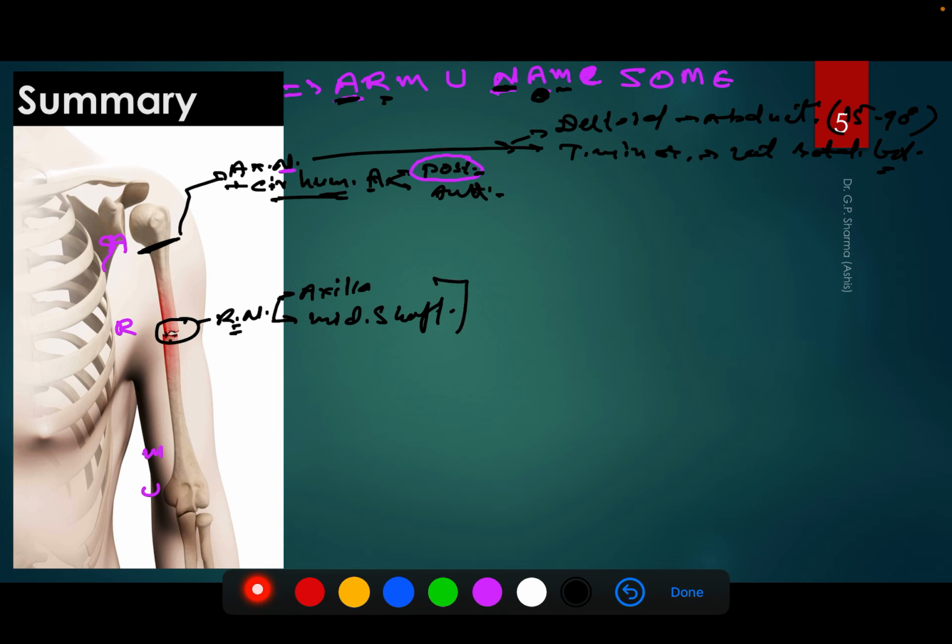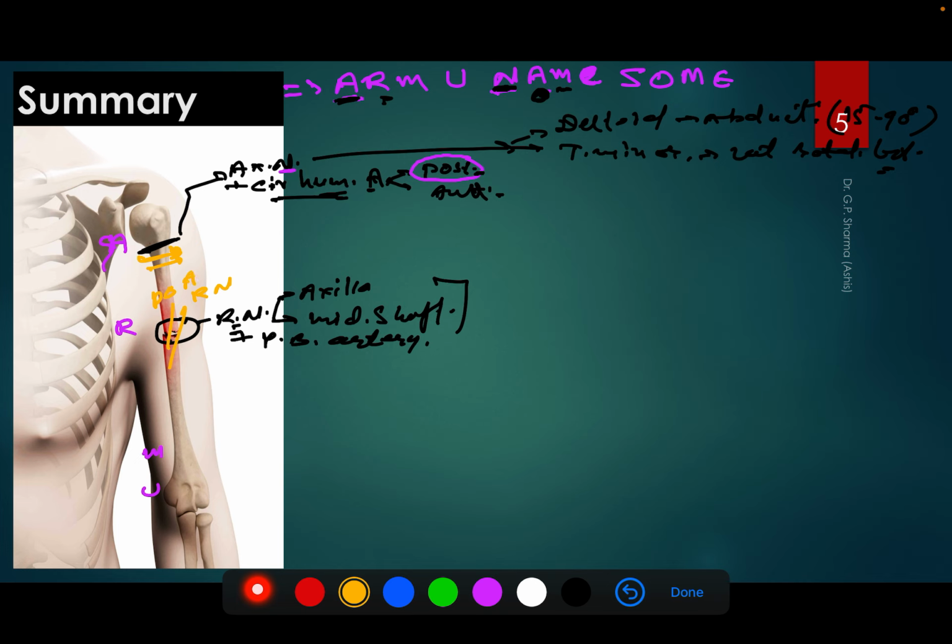Along with the radial nerve, it also has the profunda brachii artery posteriorly, right? So two structures are passing this way, and we have the circumflex humeral artery, axillary artery passing over here along with the circumflex humeral artery. Here we have the radial nerve and then the profunda brachii artery, right? So they are injured.